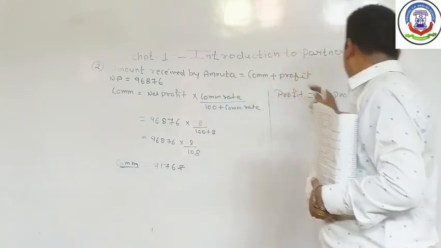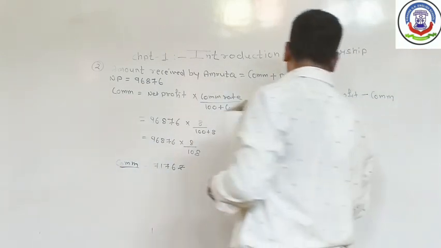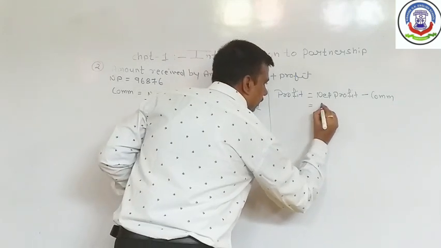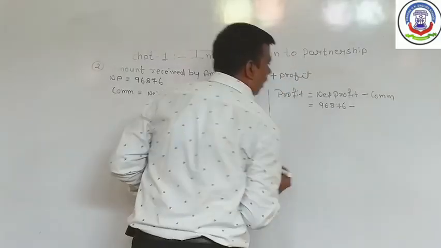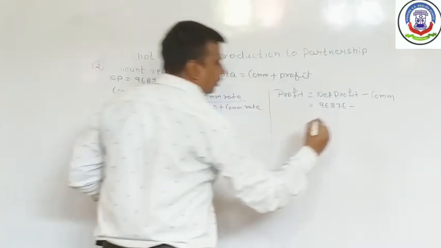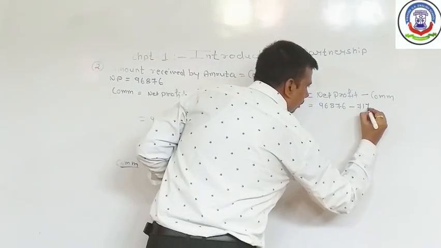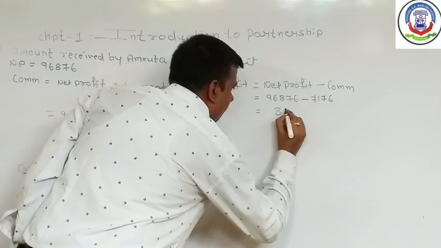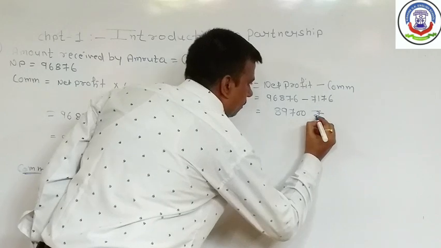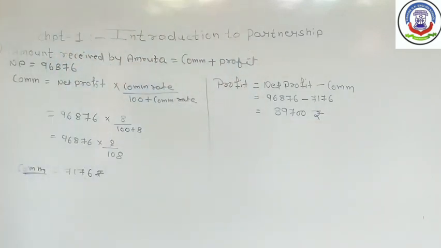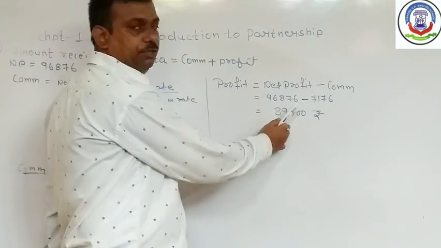Net profit is rupees 96,876 minus commission of rupees 7,176. The profit is rupees 89,700, the divisible profit.